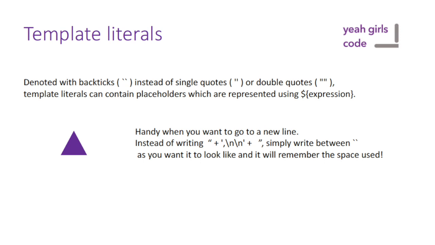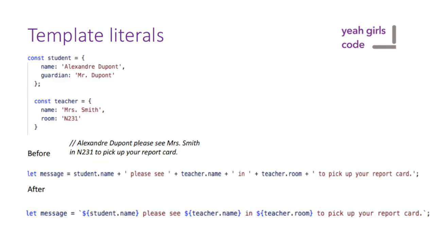So instead of writing plus and then slashes and so on, you simply write in between the backticks as you want, because it will remember the space you have used. So this is extremely handy, and it permits you to save a lot of different small seconds that take you, in the end of the day, sometimes minutes, sometimes hours of your day, just writing these little things.